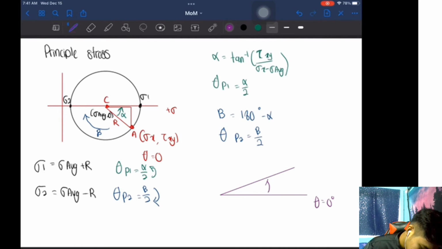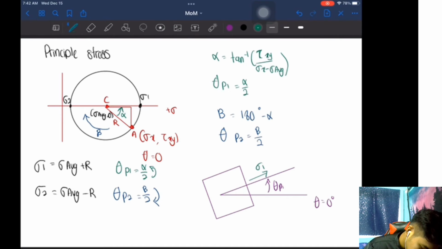Here will be theta P1, and I would like to draw a line perpendicular to this right here, and the rest of the box square, and this theta P1 will be pointing to my sigma P1 value.